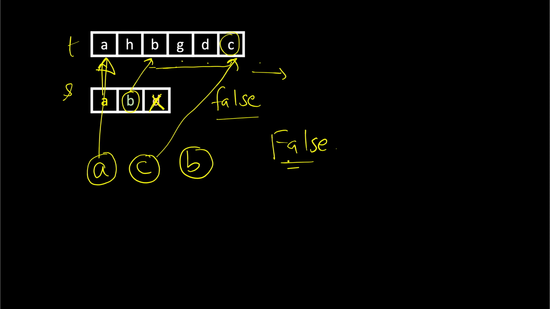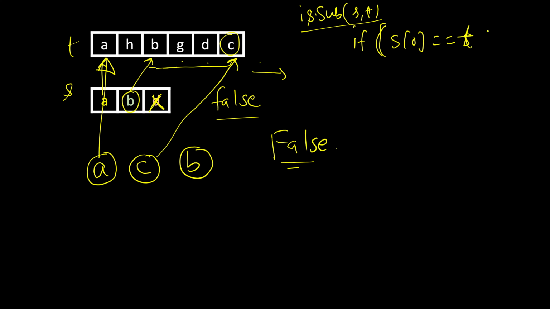So the algorithm is very simple. If first characters match, let's say this is the function isSub and we are calling it on S and T. So if S0 is the same as T0, that is the first characters match, then our job is reduced.